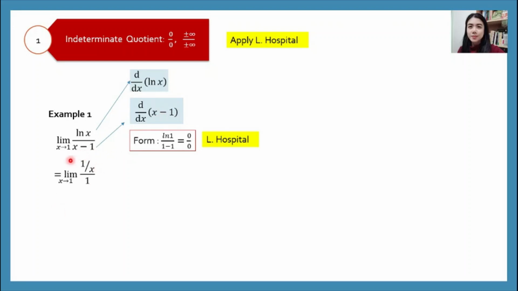So you have the second line, and then you have to simplify them, and you will have 1 over x. Next, what happens if we substitute x as 1 into here? You will see 1 over 1, which gives you the answer of 1. So this is the answer for example 1.